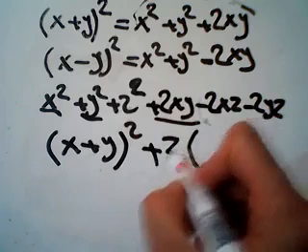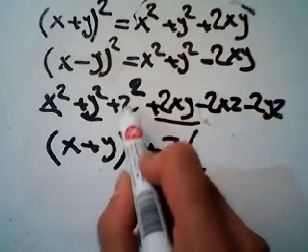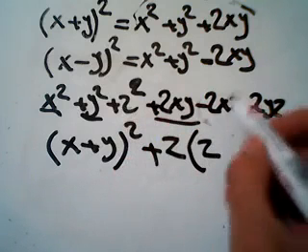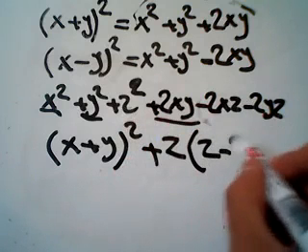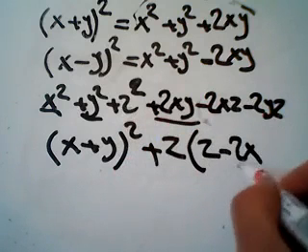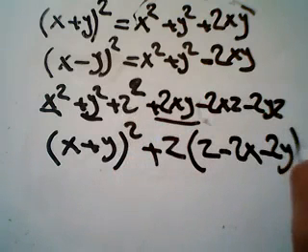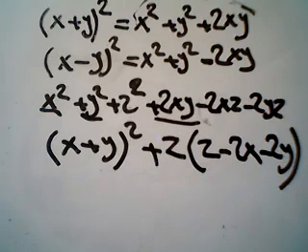After multiplying it becomes z squared, and the second term minus 2x, and the last one minus 2y. No, that didn't help.